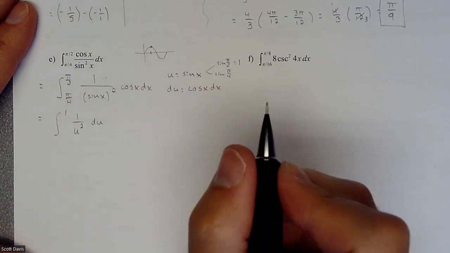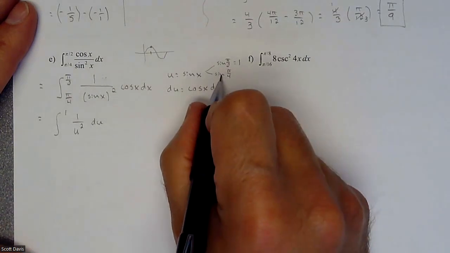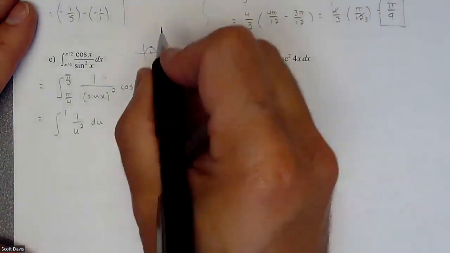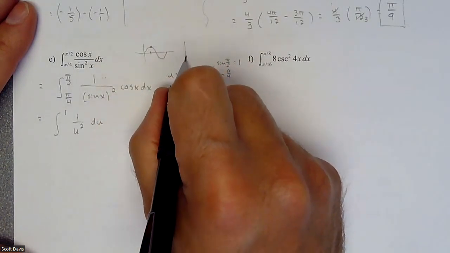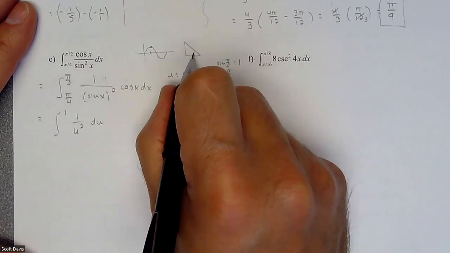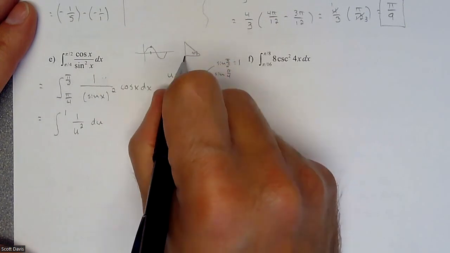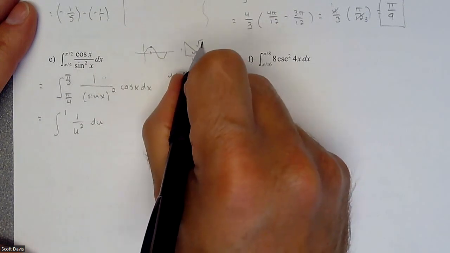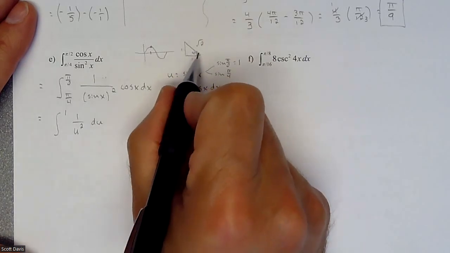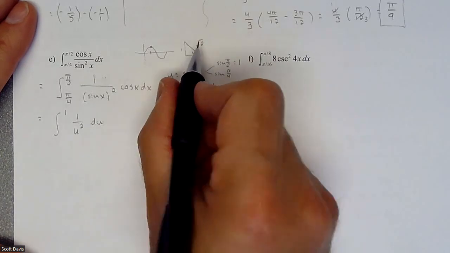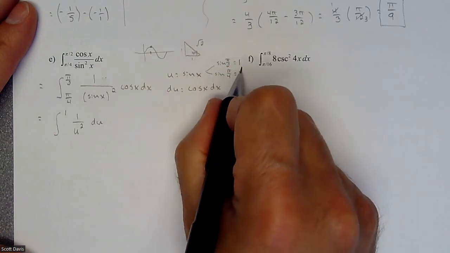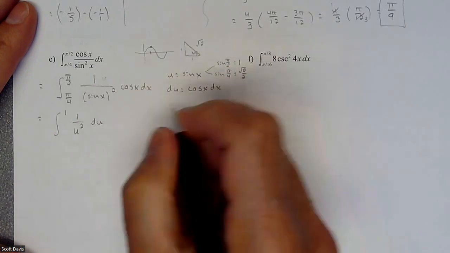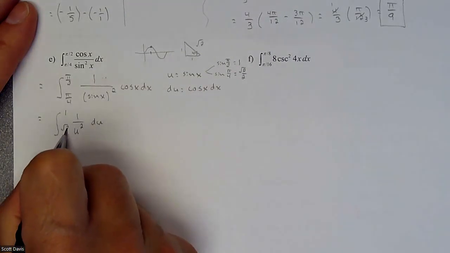There's my upper bound. And then sine of pi over 4 is a point on that graph, but that's trickier. It comes from the 45-45 right triangle. So sine of pi over 4 is sine of 45, so opposite over hypotenuse, 1 over root 2, better known as root 2 over 2. And that is my lower bound.